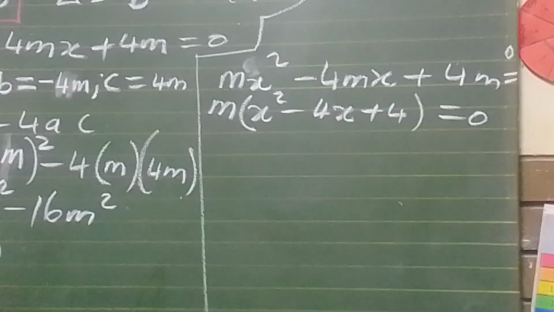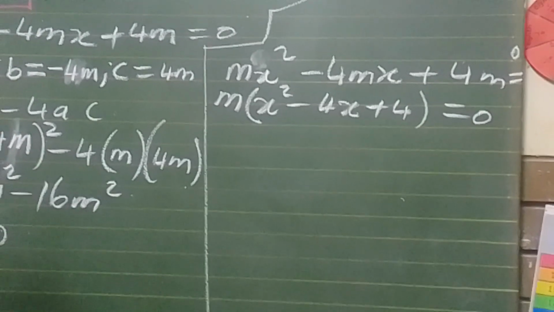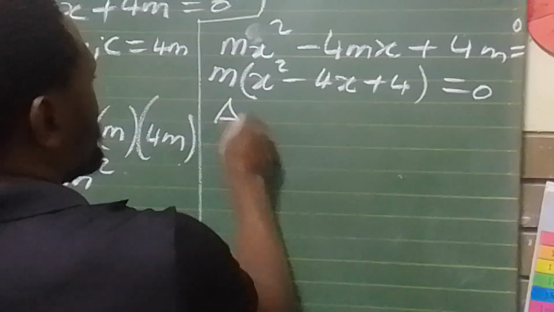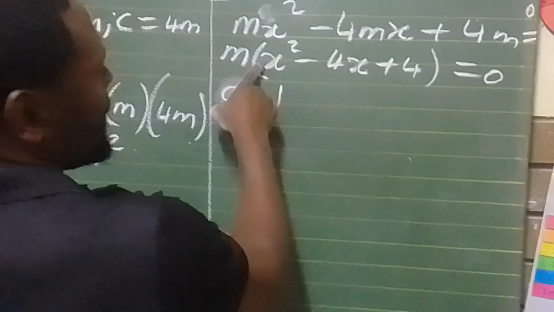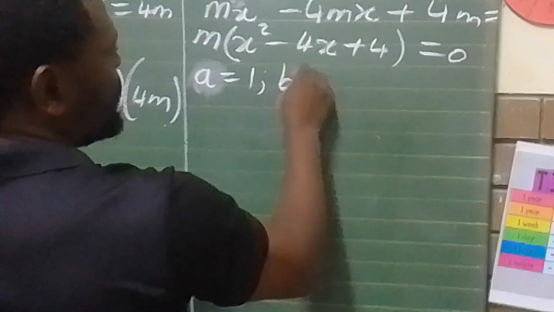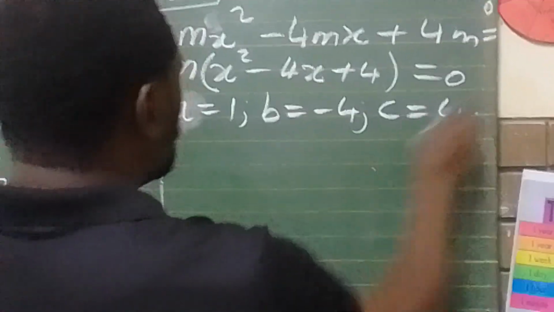Then your a is 1, your b is minus 4, your c is 4.